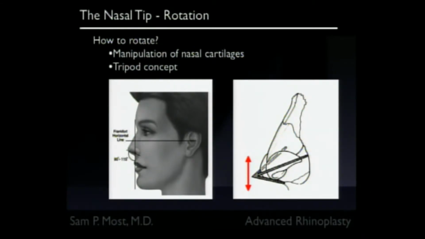Now, this tripod that's drawn here is actually drawn there because we use that concept when we think about how far and how much to rotate that nasal tip up and down in the operating room. By shortening these upper limbs of this tripod, this tip will go up. By lengthening them and shortening this leg of that tripod for those cartilages, we can actually make the tip drop, which we need to do in some cases, which I'll show a little bit later.